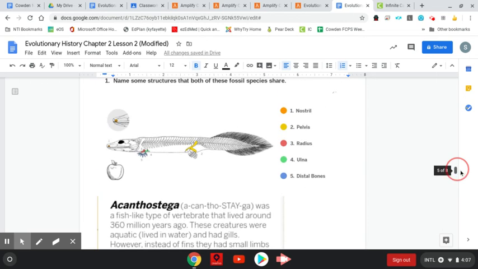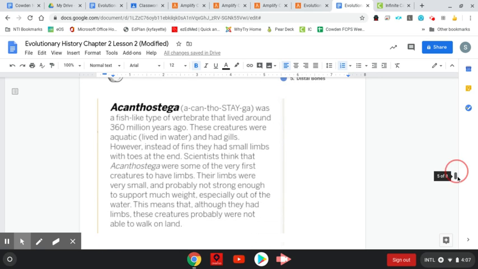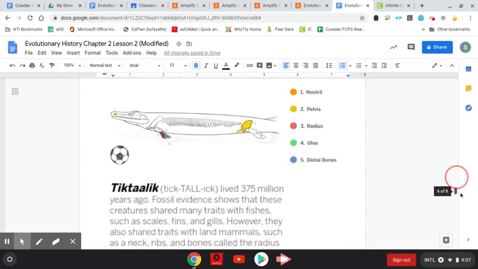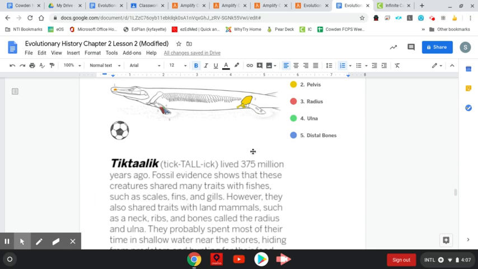So the structures are over here on the side, and they're also in the reading. So, for example, this one has gills, but it also has limbs. They both have nostrils, and this one has a neck and ribs.